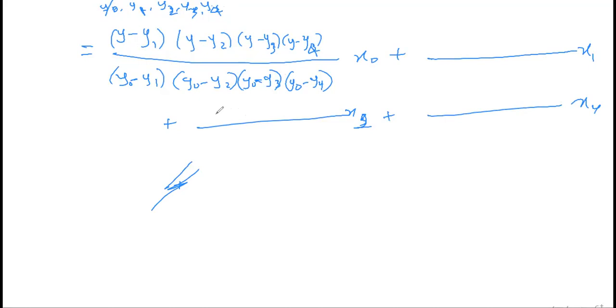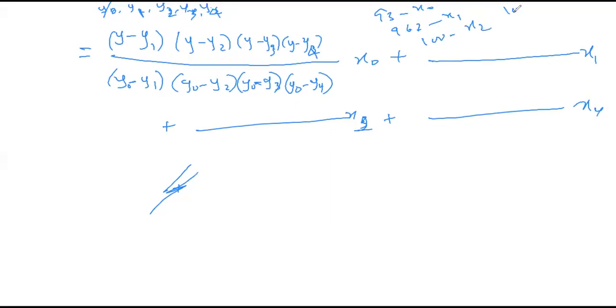Am I right? There are 93, so it will be x0. 96.2 will be my x1, and again 100 will be x2. 104 will be x3. 108.7 will be x4.